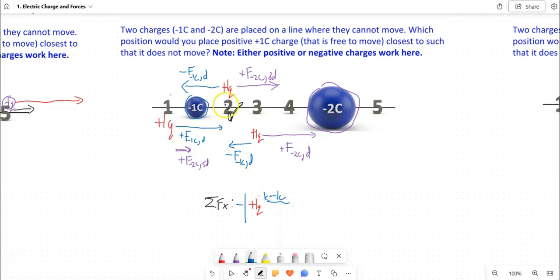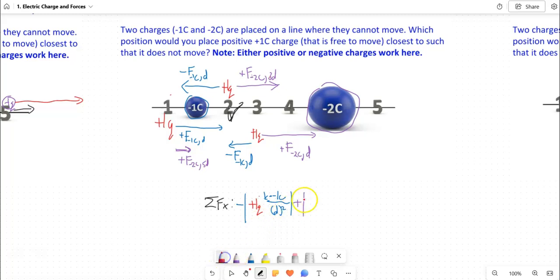The electric field is acting on our red positive Q, and it's a distance d away, right? Now we're going to add to that the positive guy, because its vector is pointed to the right.